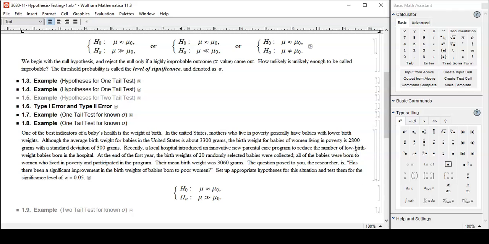Now, for women in poverty, that's the issue here. So we begin from 2,800, and we want to get better than 2,800. That means greater than 2,800. That's my aim. All right, and then we want level of significance as 0.05.